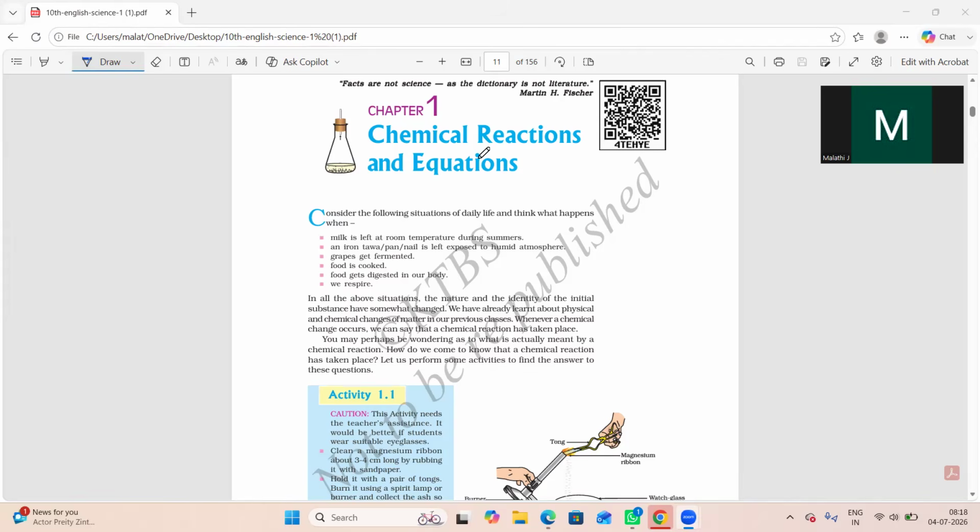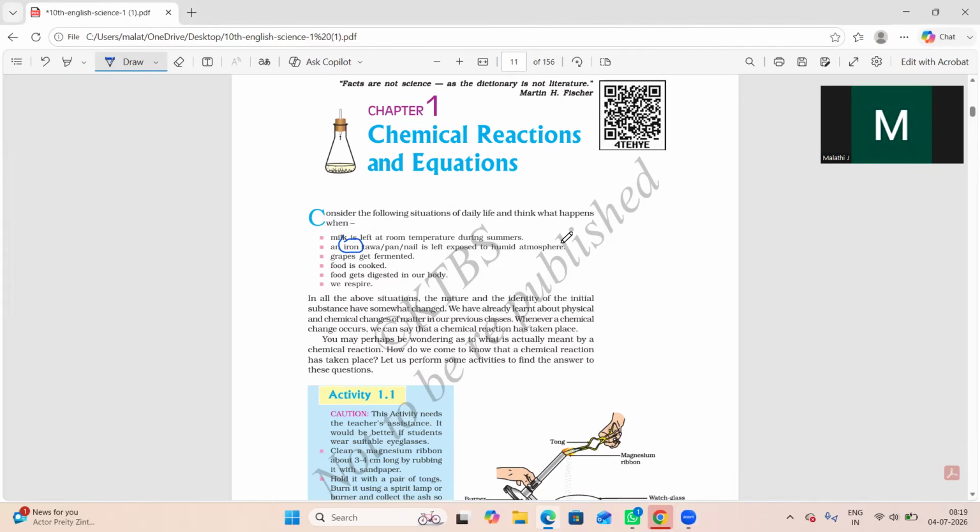Chemical reactions. What is a chemical reaction, or define a chemical reaction? A chemical reaction is nothing but a chemical change in which the identity of the substance is changed. For example, if you take iron and expose it to a humid atmosphere, means you keep it outside for some time, you should observe what it becomes.